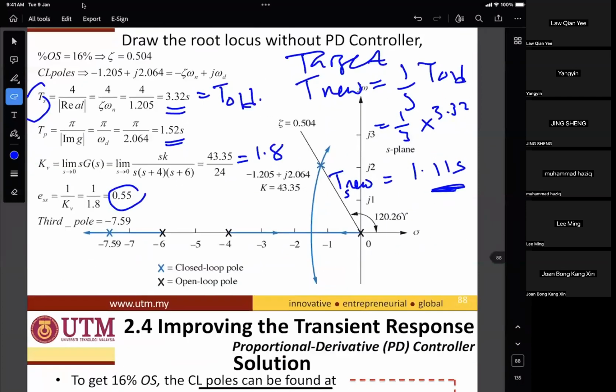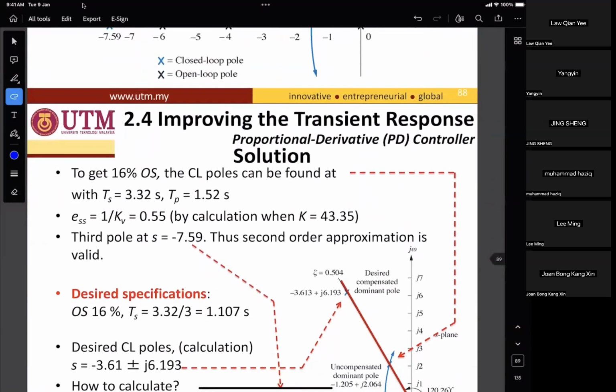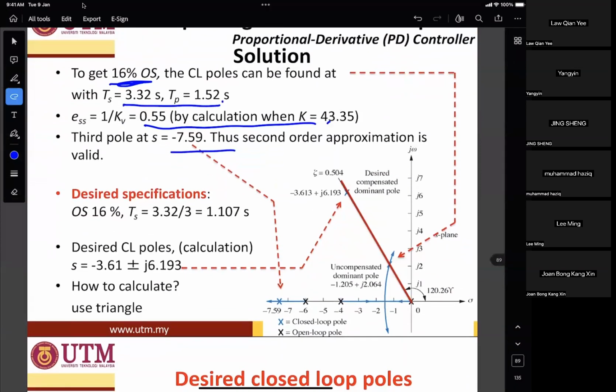So in that case, to get this 60% overshoot, we found here Ts is 3.32, and this is the steady state error. This is the third pole. So the desired Ts is 3.32 divided by 3, which is 1.107, as Ms. Tang said just now.